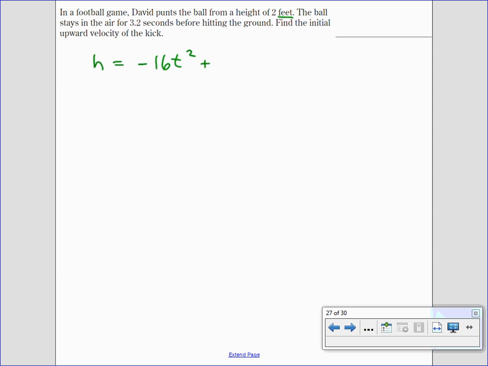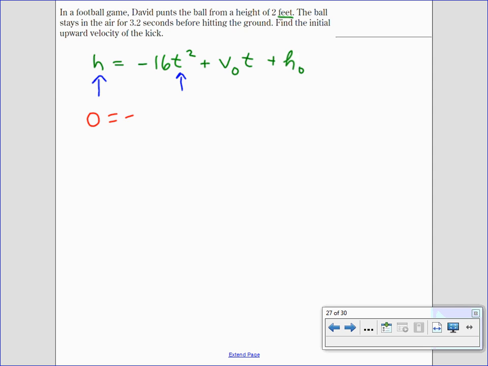Plus v naught times t plus h naught, where v naught is my initial vertical velocity and h naught is my initial height. So which of any of these things do we know? We know t. We know the time that it's in the air until the height is 0, it hits the ground, and so h would be 0 when it hits the ground.